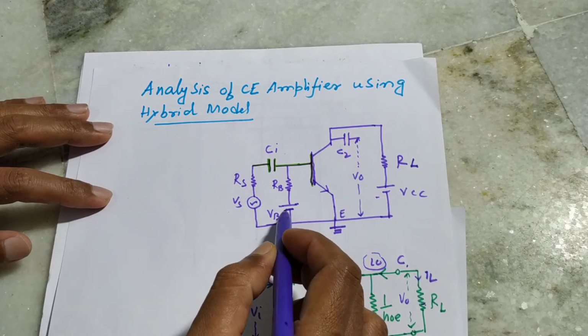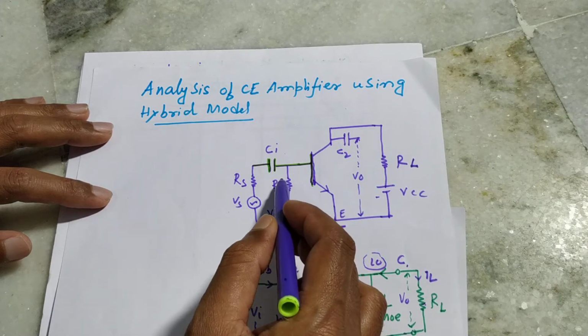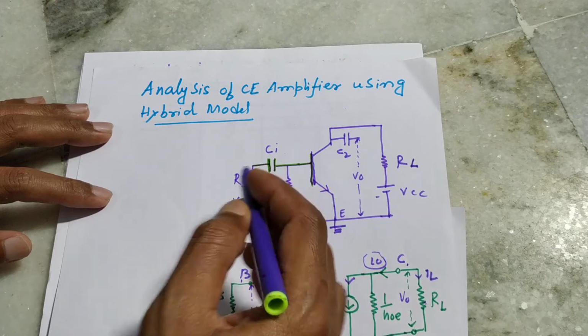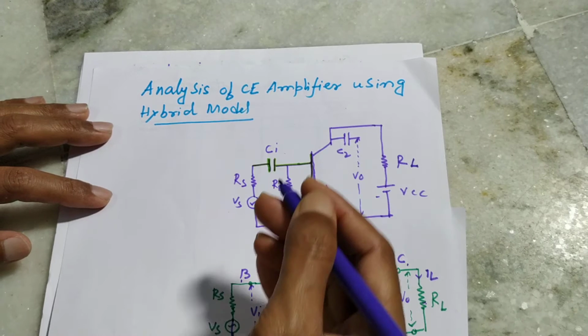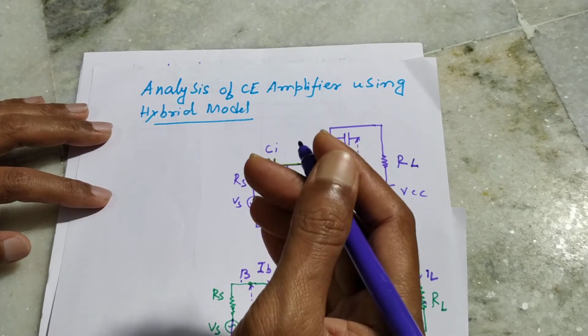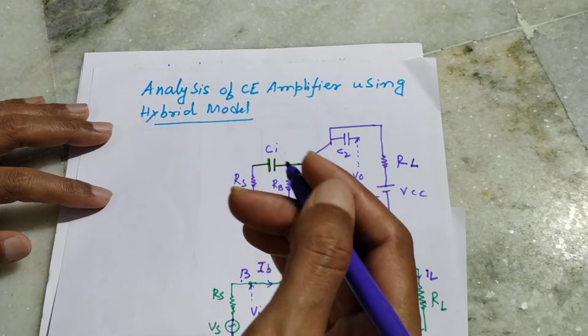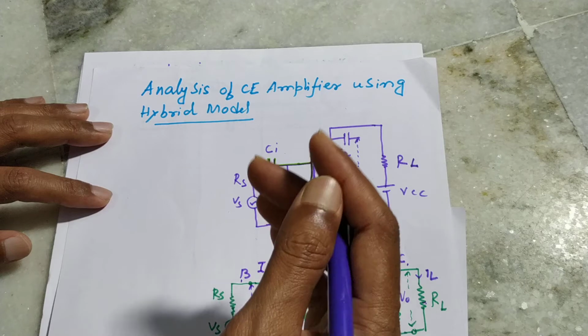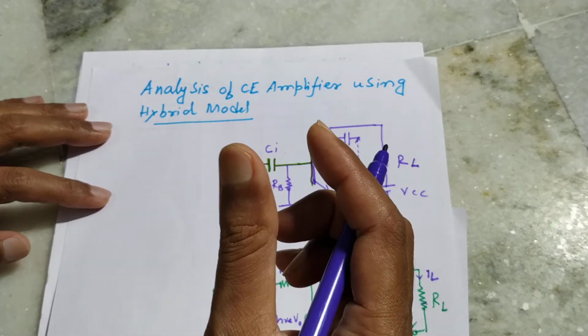Okay, this is the biasing voltage and this is the biasing resistance. Actually these are used to bias the transistor to establish the operating point at a suitable location. Actually, a transistor is a nonlinear device, but it behaves as linear in the active region.